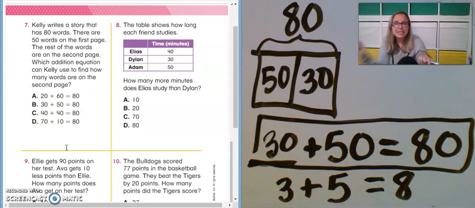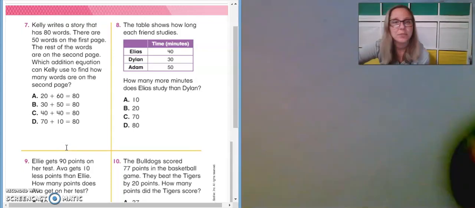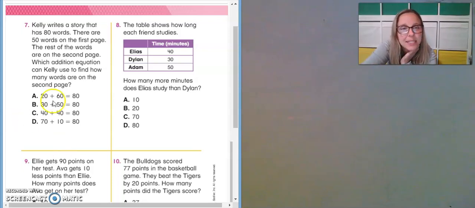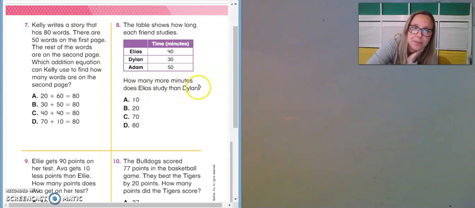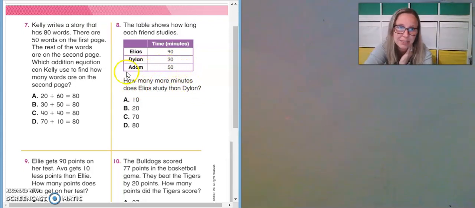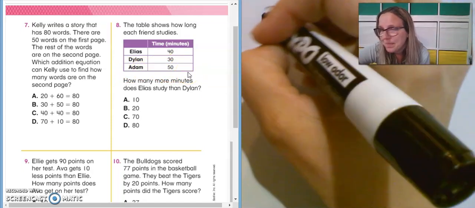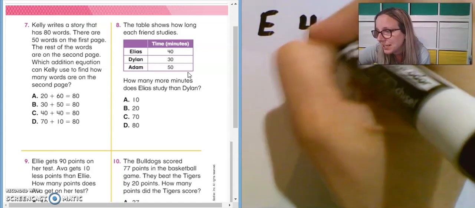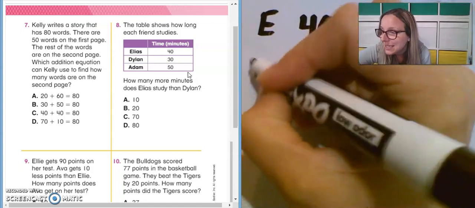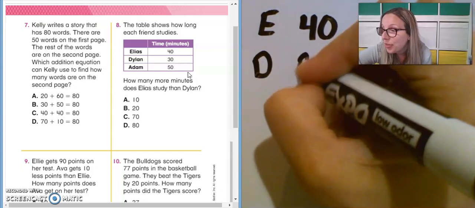Let's take a look at number 8. The table shows us how long each friend studies. So we've got Eli, Dylan, and Adam. Eli studies 40 minutes, Dylan studies 30, and Adam studies 50. How many more minutes does Eli study than Dylan? So we don't need to know about Adam for this problem. That's just extra information. All we need to know is that Eli, and I'll put the E here for Eli, studied 40 minutes, and Dylan, I'll put the D for Dylan, studied 30 minutes.